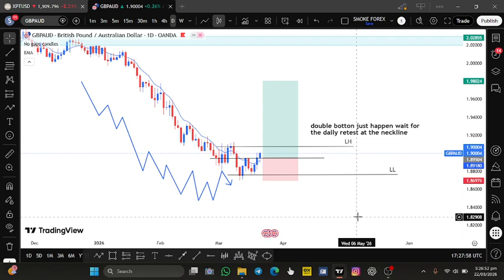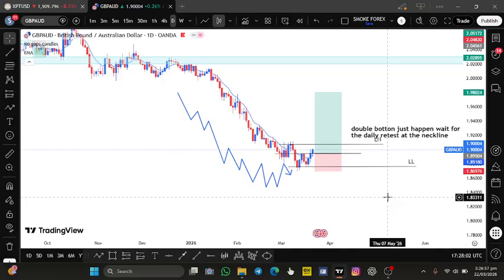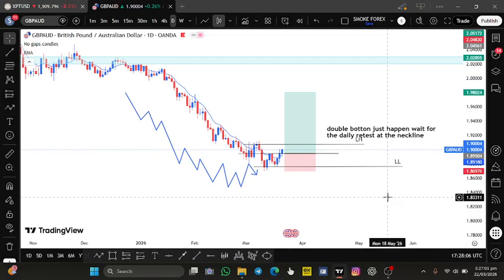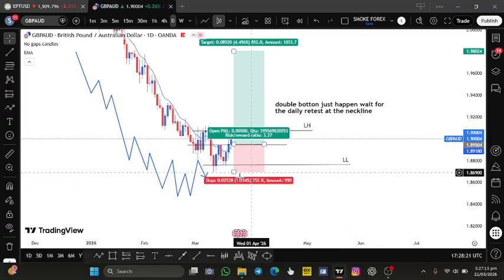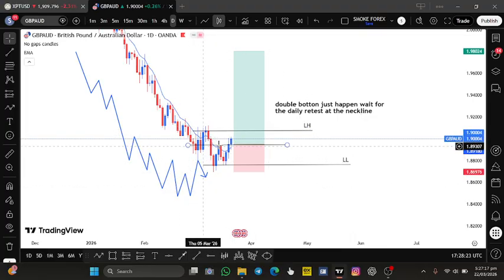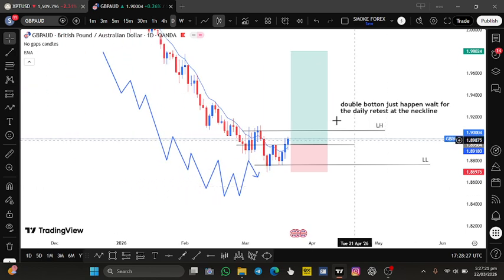A double bottom is a reversal chart pattern that shows that price is about to change from bearish to bullish. So what do I want to see? Price just did the clear break of the neckline on the daily, very nice and clean.